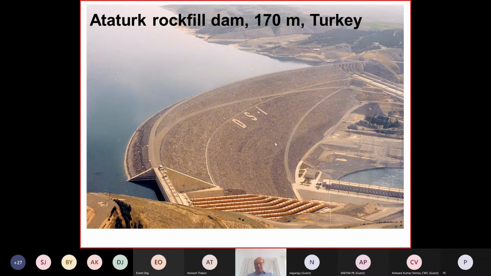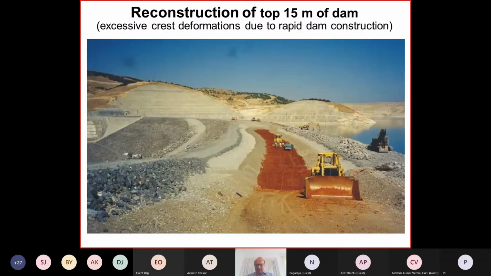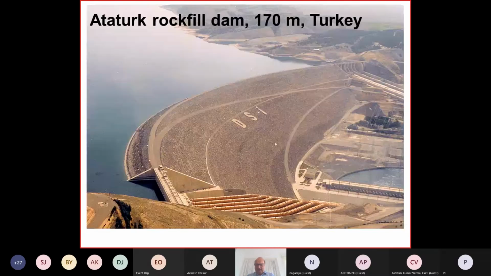This is the Atatürk Rockfill Dam I mentioned already. We talk here about man-made hazards, and here the man-made hazard was that they built the dam too quickly. It is a construction quality issue. The dam is about 1,600 meters.